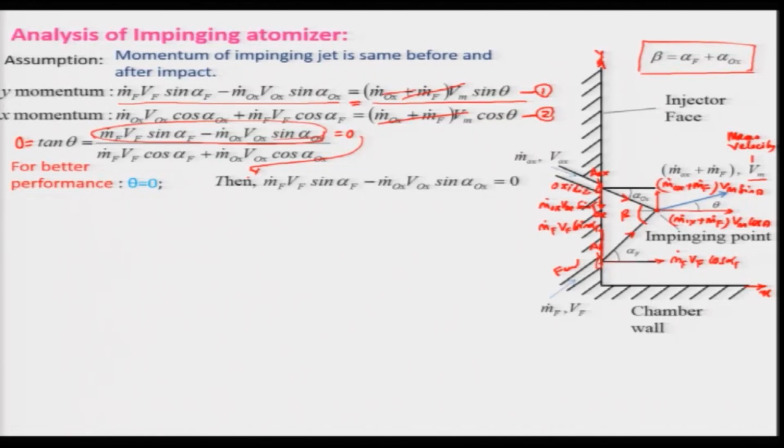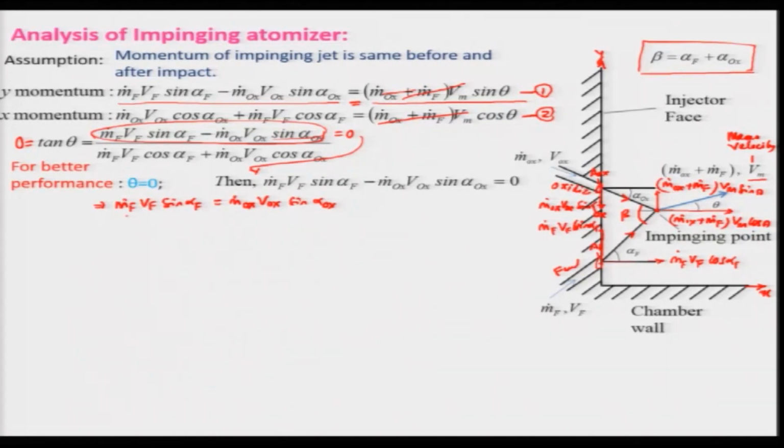Here it is written, and I can rewrite the expression as m dot f v f sin alpha f is equal to m dot Ox v Ox sin alpha Ox.